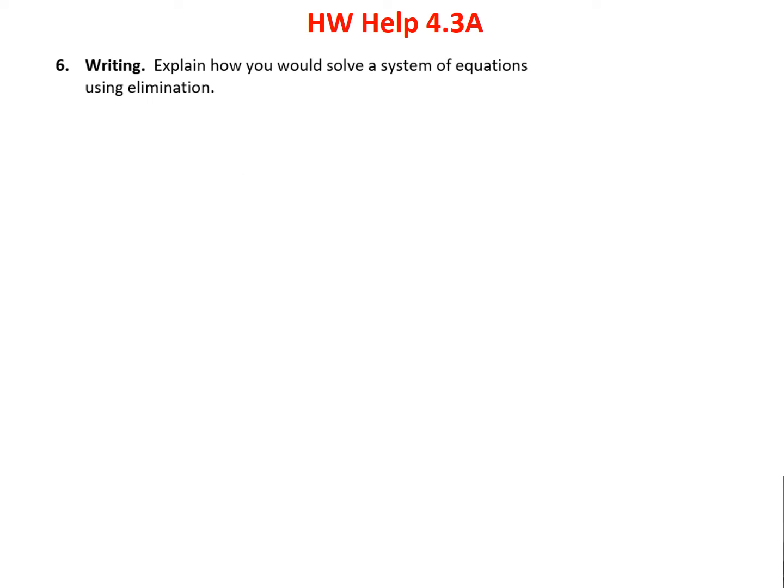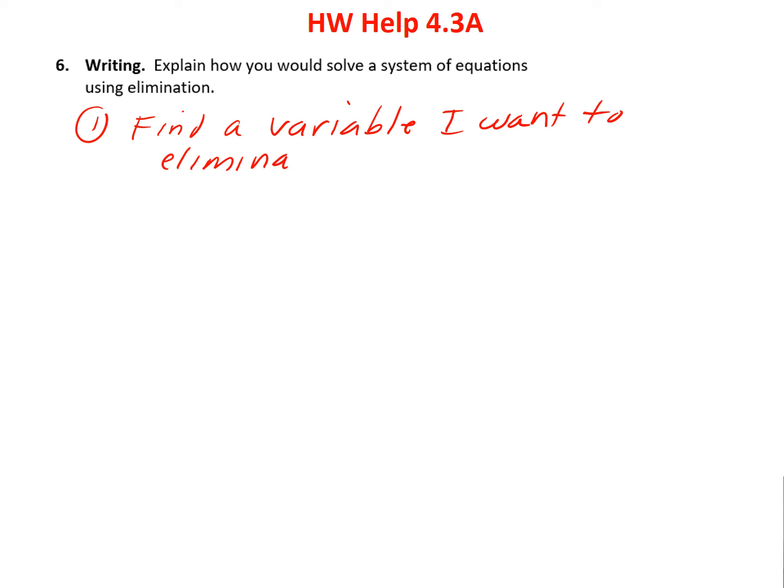Explain how you would solve a system of equations using elimination. First step, I would find a variable I want to eliminate. It could be x or y, doesn't matter. Usually you're looking for something where one is positive and one is negative, and you're trying to get the coefficients to be opposites, like plus 3x, minus 3x.